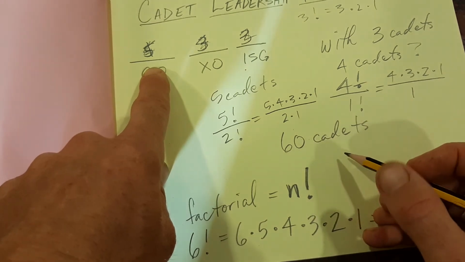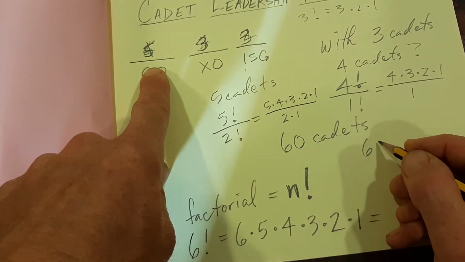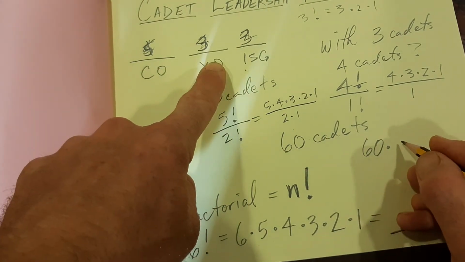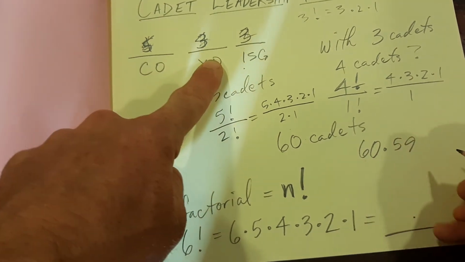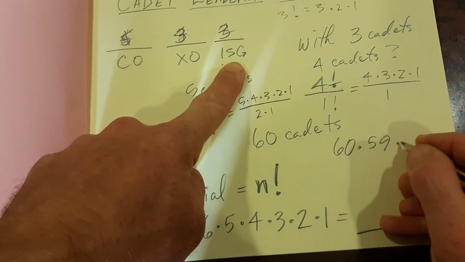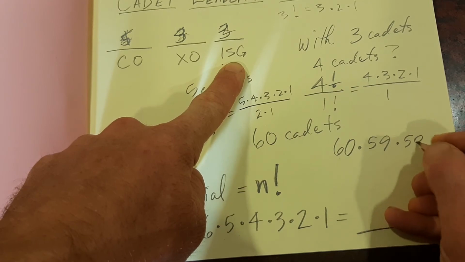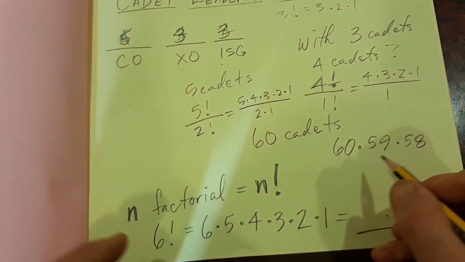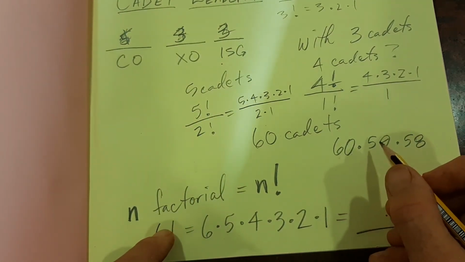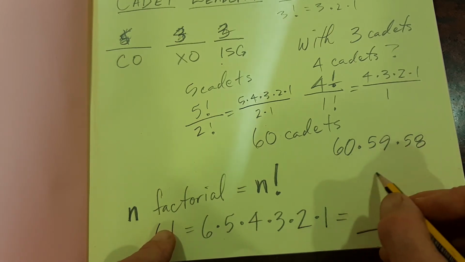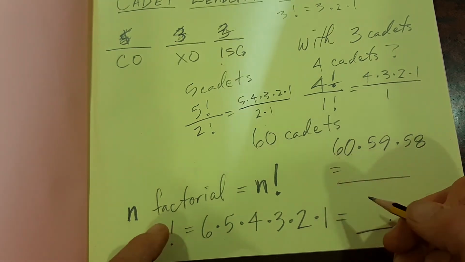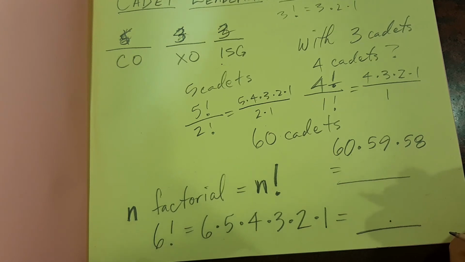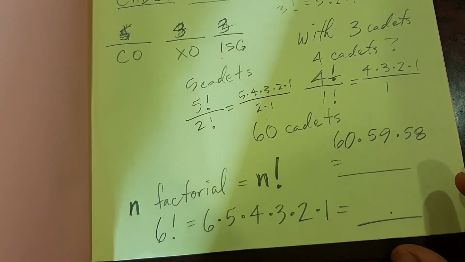Well, I have 60 choices for company commander. I have 59 left for executive officer, and I have 58 left for first sergeant. So you have 60 times 59 times 58. You can throw that in your calculator. These are the different ways to choose your leaders if they're all equally qualified.